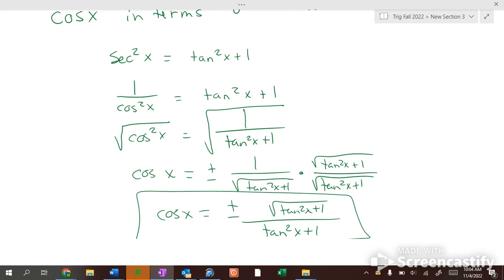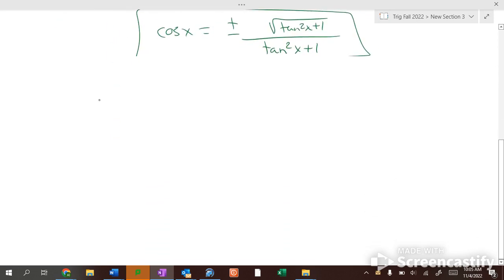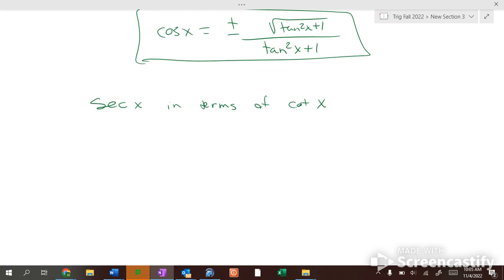Let's do one more of those. All right, let's write secant of x in terms of cotangent of x. Do we have a Pythagorean identity with both secant and cotangent in it?